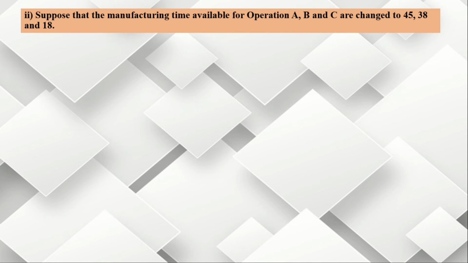The question for A2: suppose that the manufacturing time available for operations A, B and C are changed to 45, 38 and 18. The right hand side value for S3, which is 18, is out of the feasibility range and the shadow price is not valid.